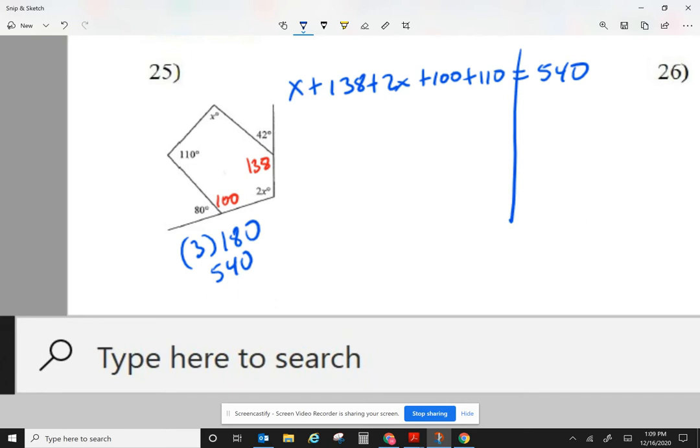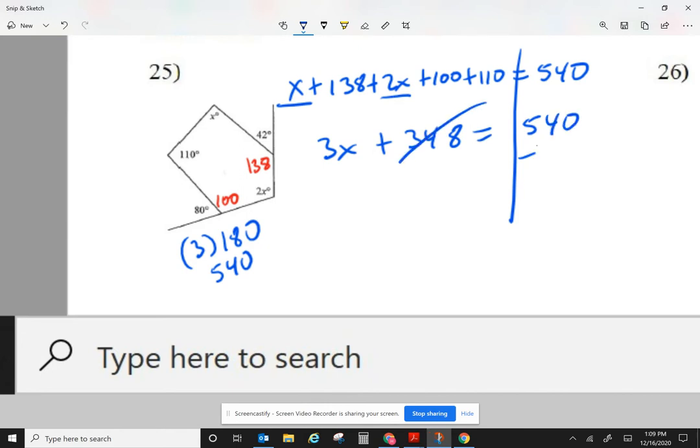The left side, let me simplify. 1x plus 2x, that's 3x. Numbers wise, 138 plus 100 plus 110 is equal to 348. And this is equal to 540.